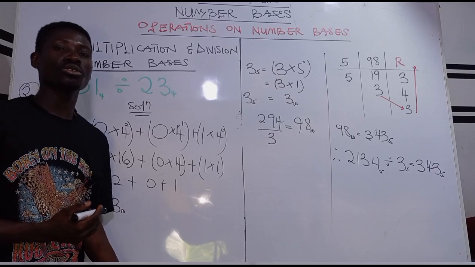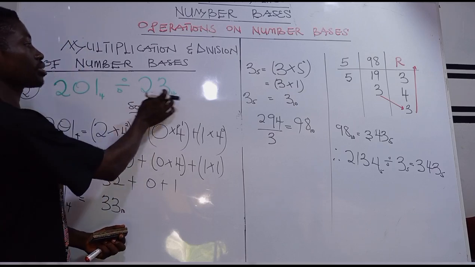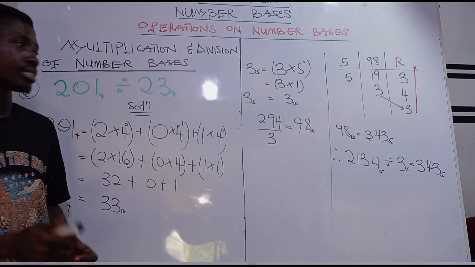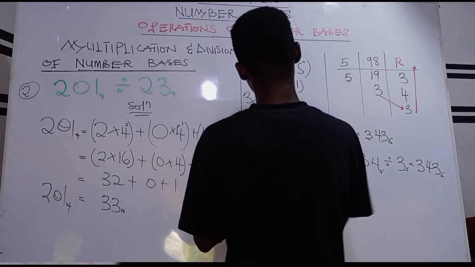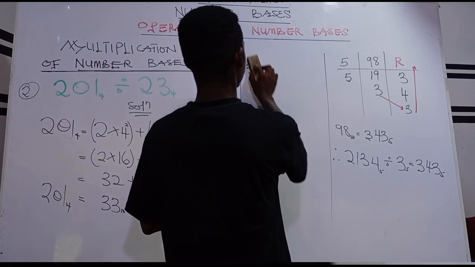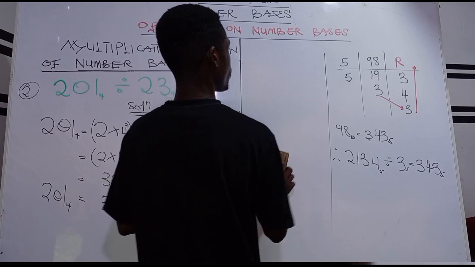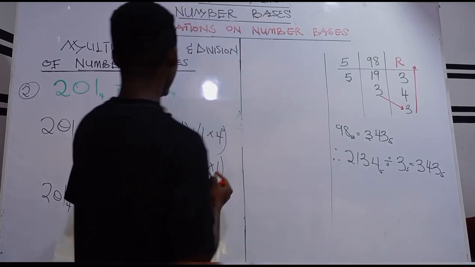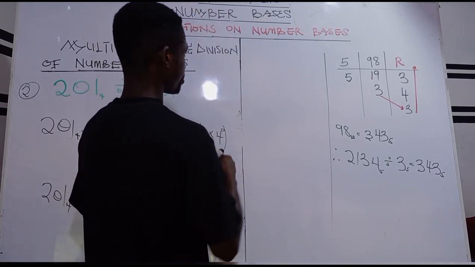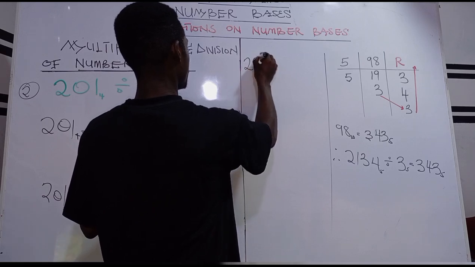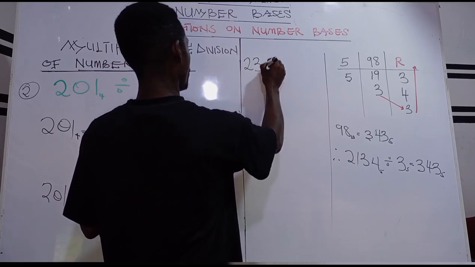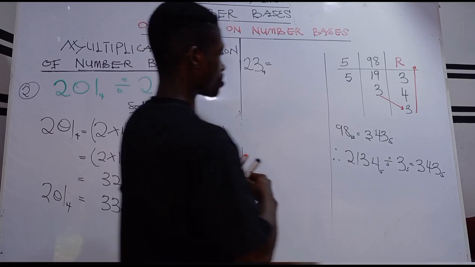The next thing we are going to do is convert 23 to base 10. So we have 23 to the base of 4, and we are converting it to a base 10 numeral.